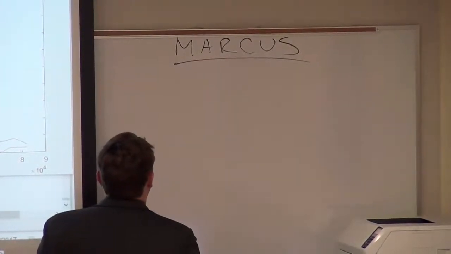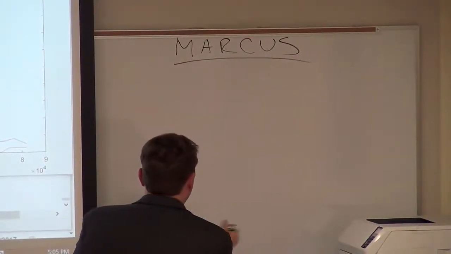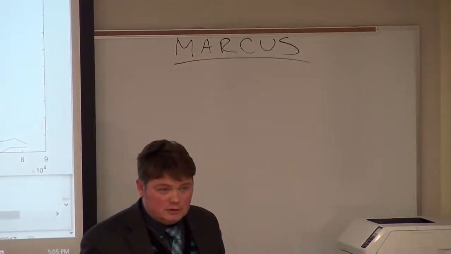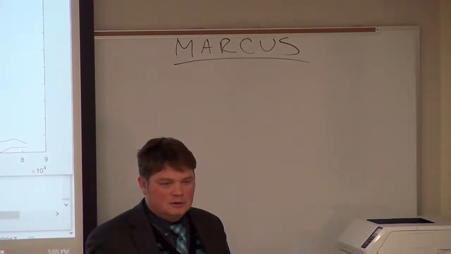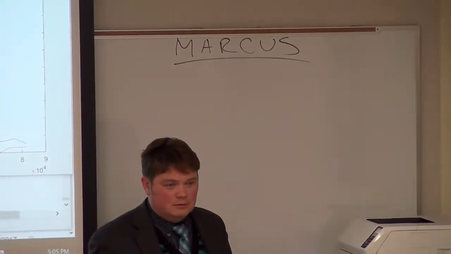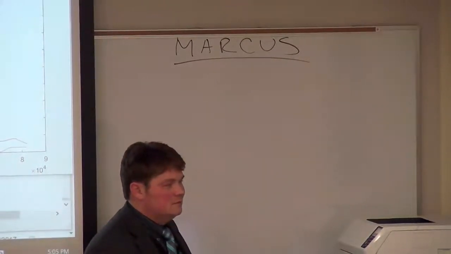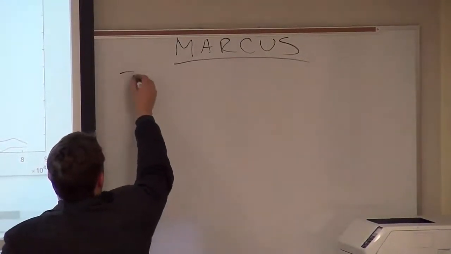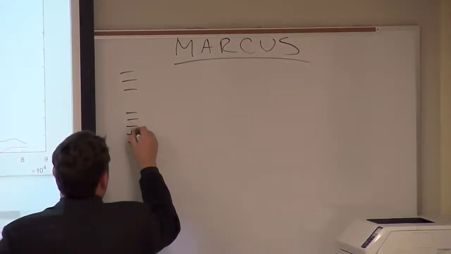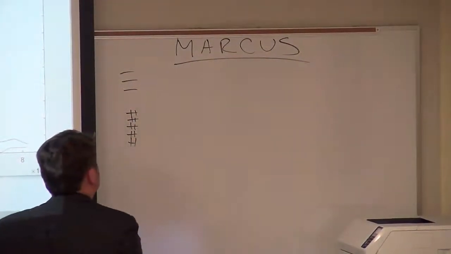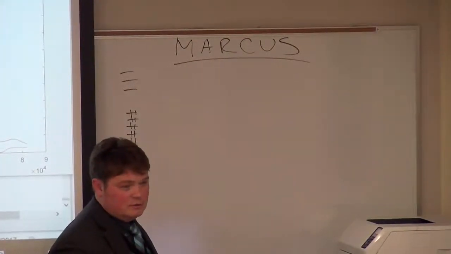So, in many molecules and solids, the number of electronic states is larger than one. If you have electronic levels, they all are occupied, and it is a ground state.